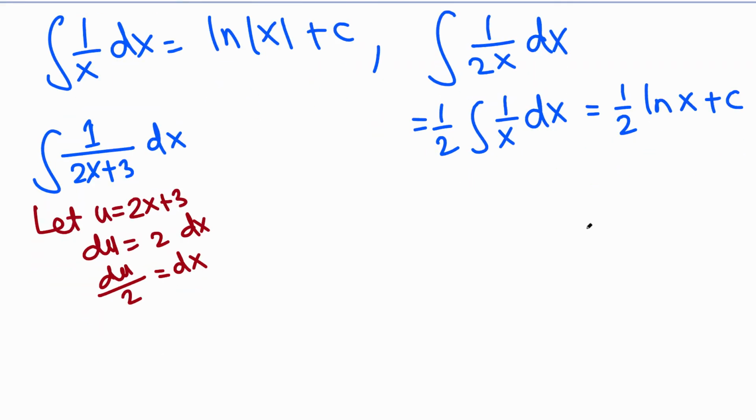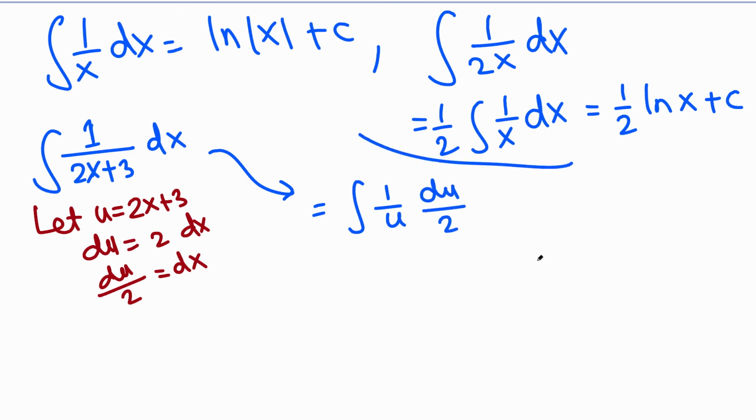With this, it becomes 1 over u, and dx is now du over 2. Now this 2 can be pulled outside, 1/2, 1 over u du.